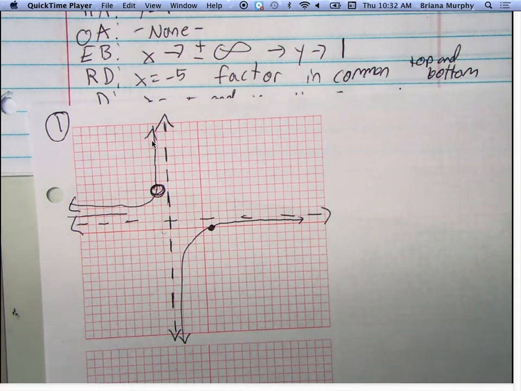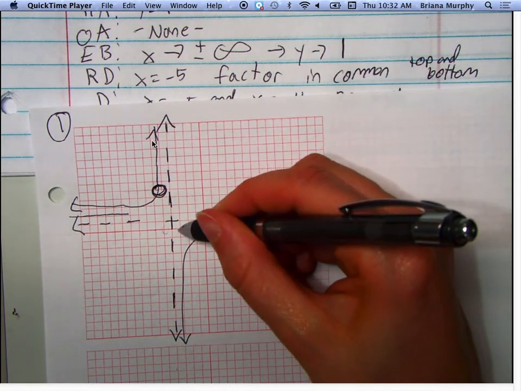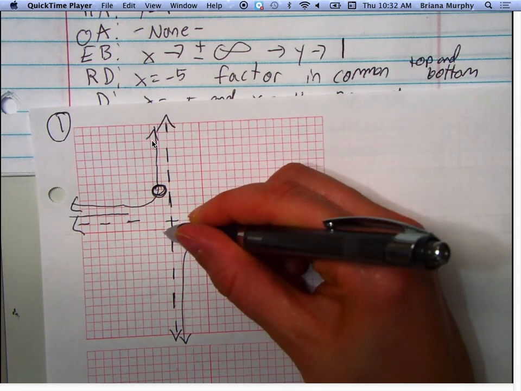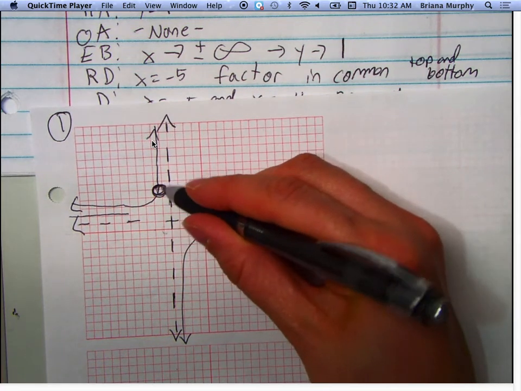So for the numerator of this continuity, it's x equals -5 or not. So here's -5, right? 1, 2, 3, 4, 5. And where that x is hitting, there's no y value there.